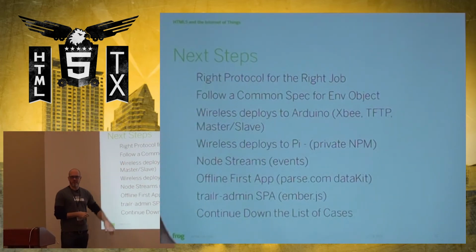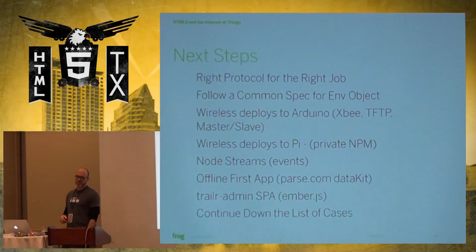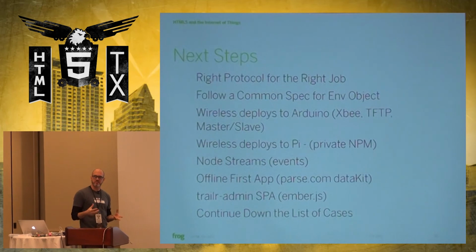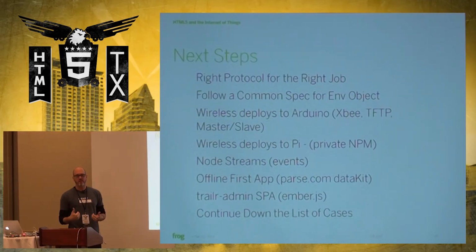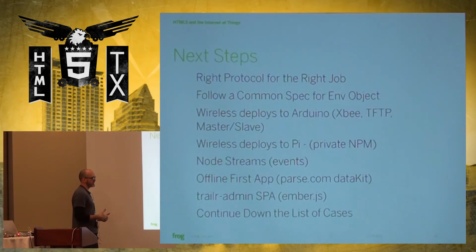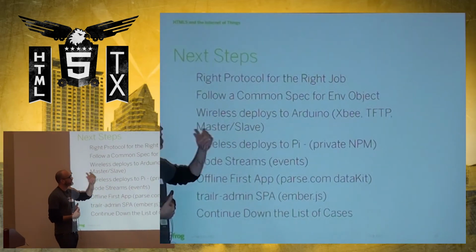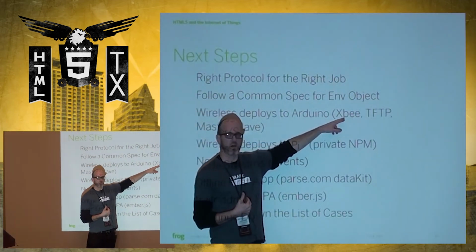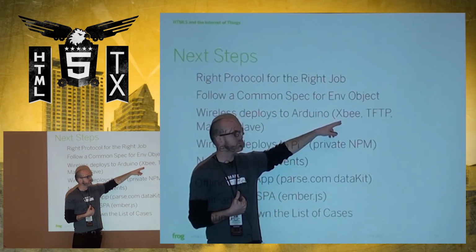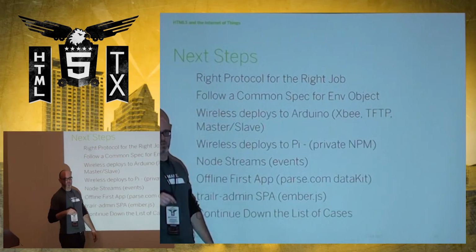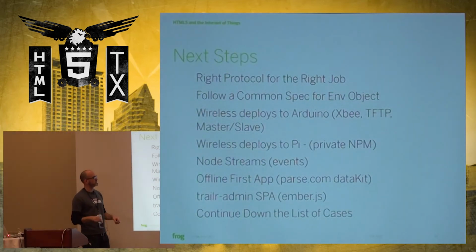Wireless deploys to the Arduino. You notice that I was able to go into Ace Editor, change a sketch, and then push it, but I was connected. There are actually three different ways to do wireless deploys, and the one I'll probably settle on, that's the least ugly, is using the XBee or the Zigbee protocol to do wireless pushes.